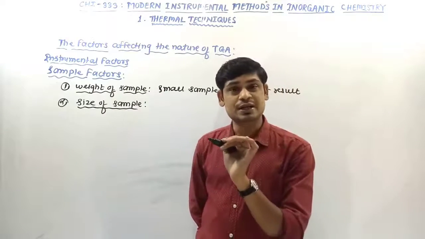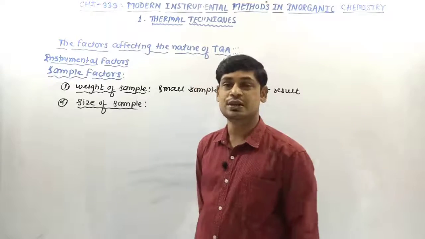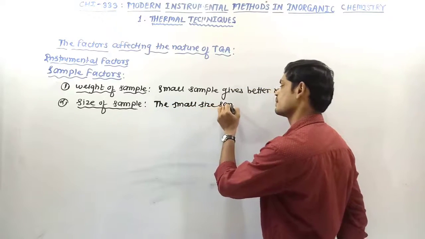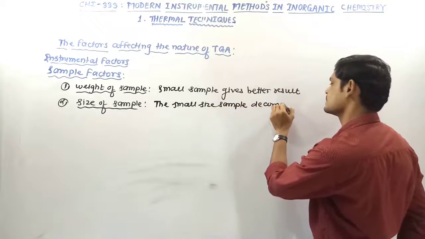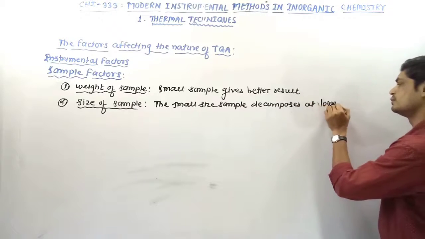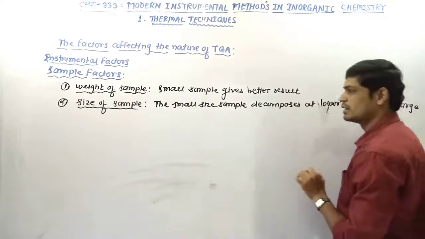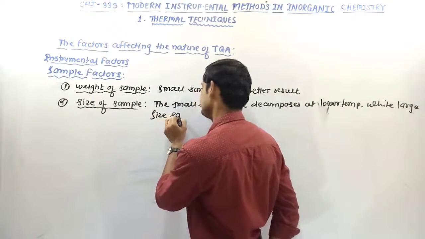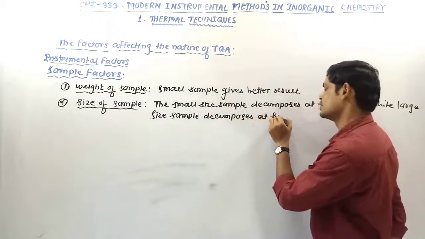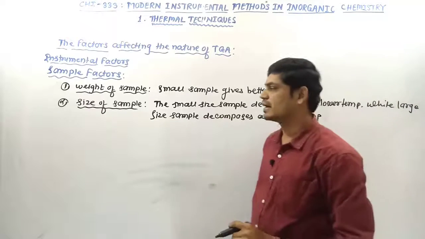The small size particle decomposes at a lower temperature, while the large size sample decomposes at a higher temperature. So it was the second sample factor.